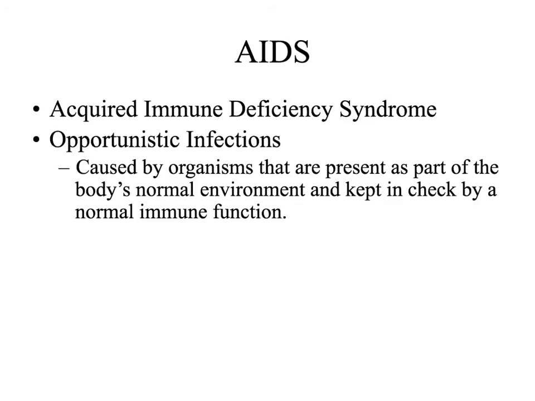So typically that's what happens when someone has AIDS. They have such a low CD4 count, such a low immune system and a high viral load that they cannot fight off these opportunistic infections, and ultimately that is what might give them a poor prognosis, is that they are so open to all these opportunistic infections that are very deadly.